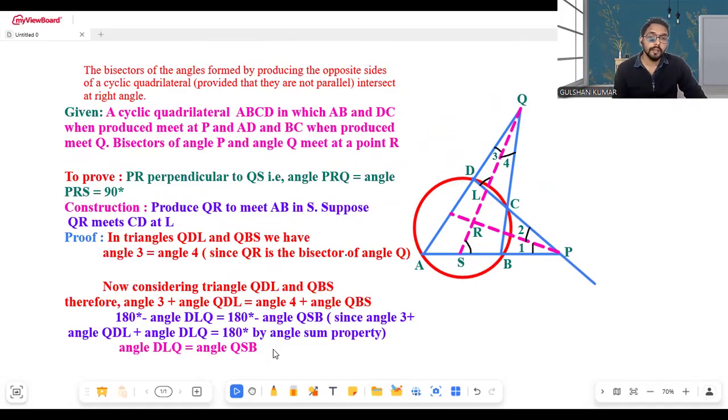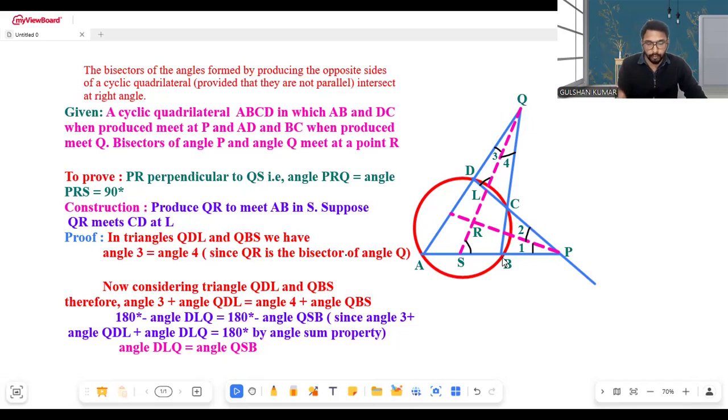Now angle DLQ will be equal to angle QSB. This is our half part of this question. And now we are starting with the triangles QLD and QSB.